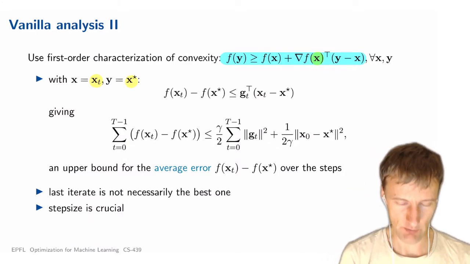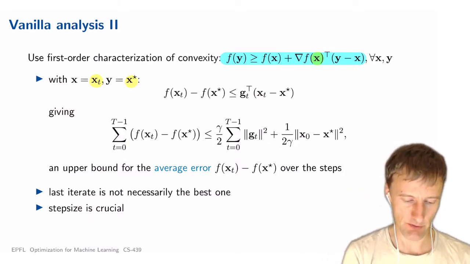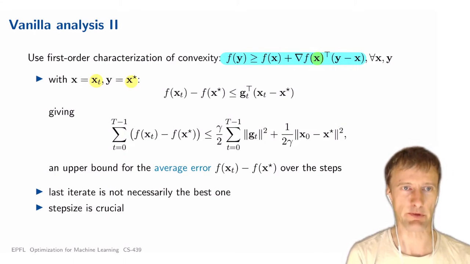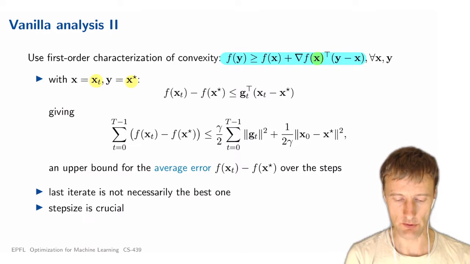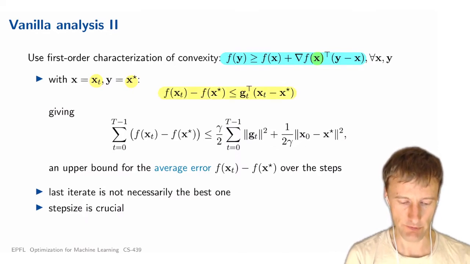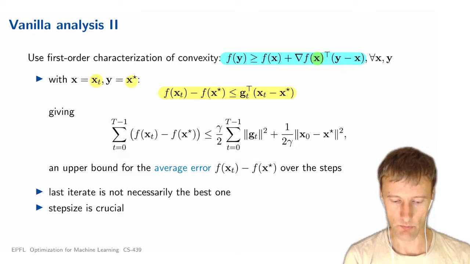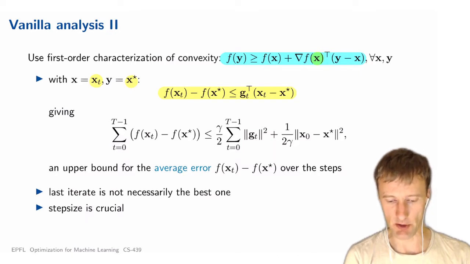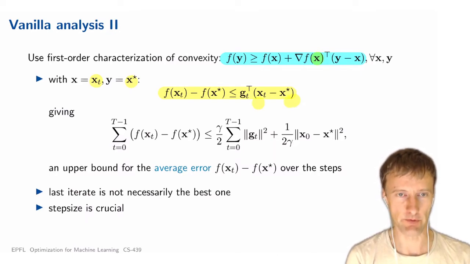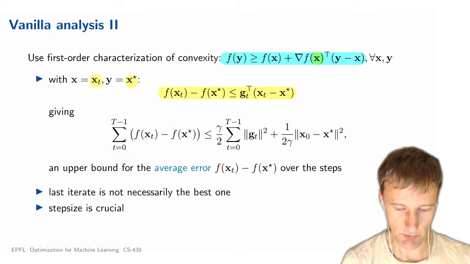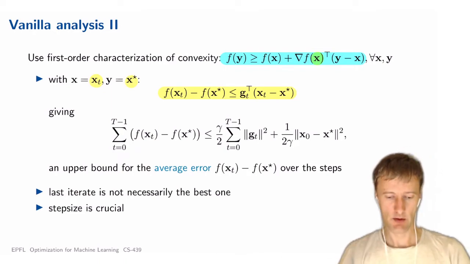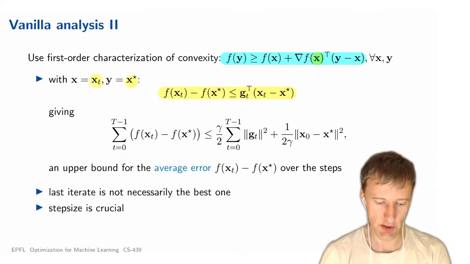If you use the definition of convexity for the two points, you don't need to know anything about the previous slide. The definition of convexity alone gives you this. So wherever you are, your difference to the optimal value is upper bounded by the gradient times your distance from the optimum. That holds for any method.